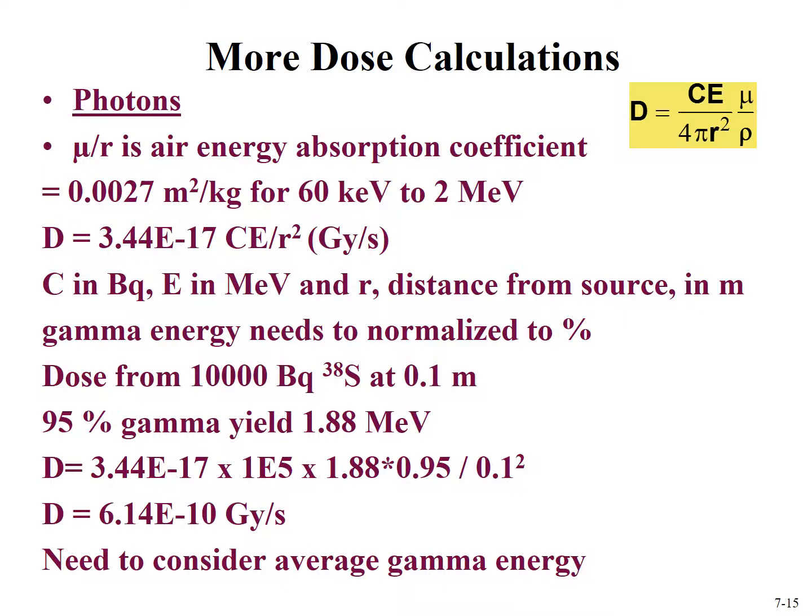D is equal to our constant, and we multiply that by the activity, so it's 10,000 becquerel. Then we need the energy, which is 1.88 MeV, and then we add the 0.95 to represent the 95% gamma yield, and we divide that by 0.1 squared, the distance in meters, and we get a dose of 6 times 10 to the minus 10 grays per second.